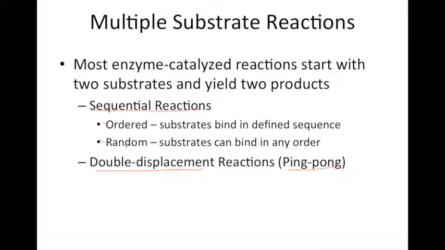It can bind them in any order. And then double displacement or ping-pong mechanisms are a little complicated. It binds one substrate, as we'll see, converts it to product, and then binds the second substrate and converts it to product. So let's take a look at these binding mechanisms for sequential reactions and ping-pong reactions.